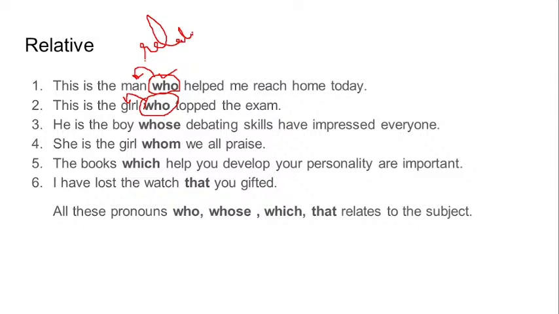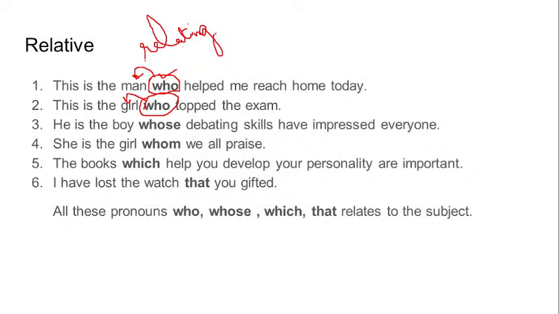Relating to the noun which is before this. But there are these kinds of sentences also. "He is the boy whose debating skills have impressed everyone." Here the form has changed.